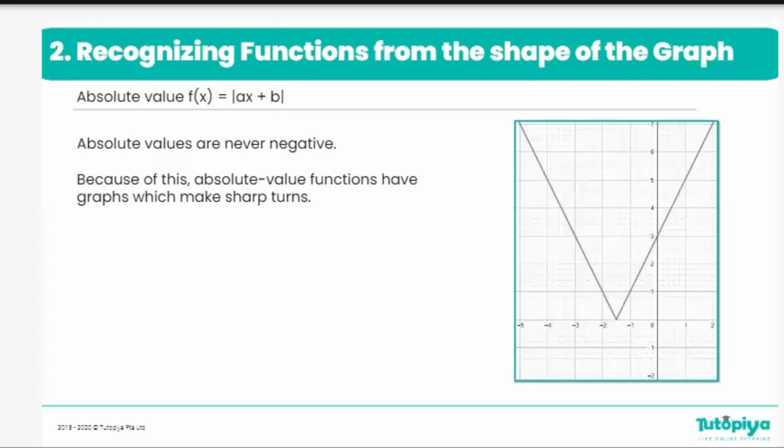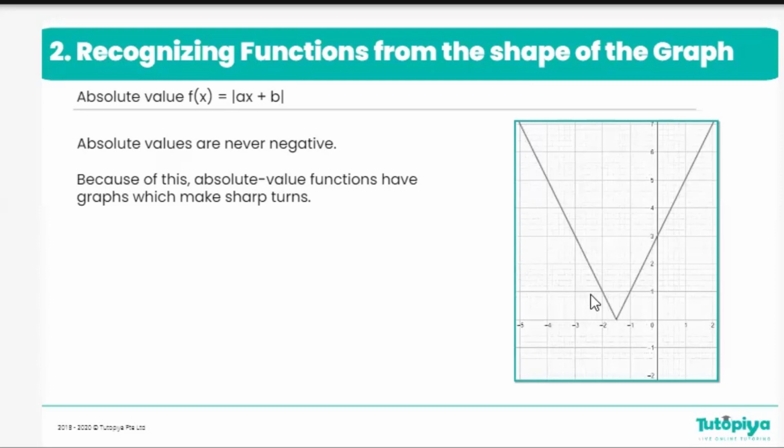The next graph that we would be discussing is our absolute value graphs. Now, when we talk about absolute value graphs, these are graphs where the values of it would never reach a negative. So our y values would only be positive values, but never negative. And an easy way to identify these types of graphs is noticing that these graphs would have very, very sharp turns.